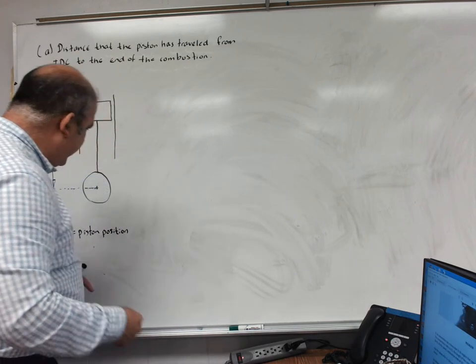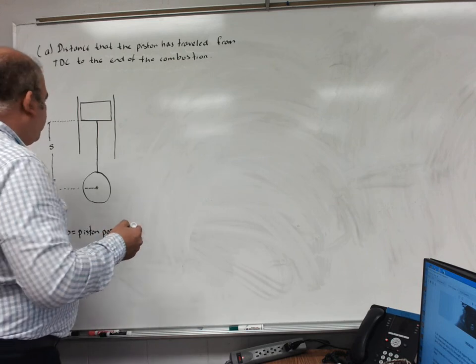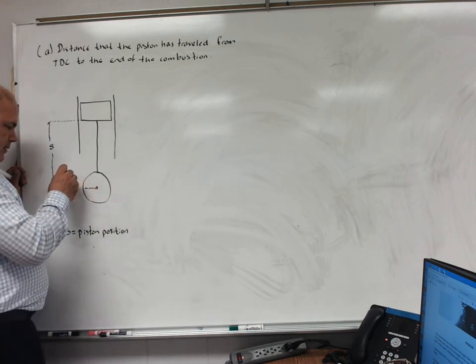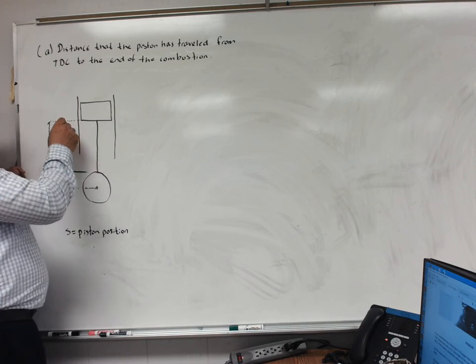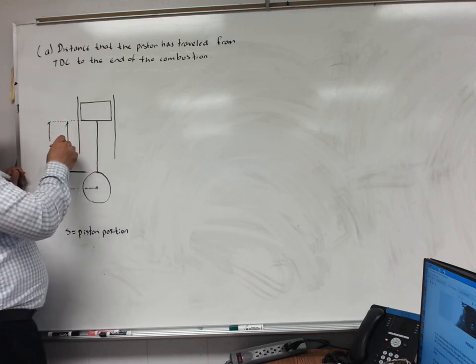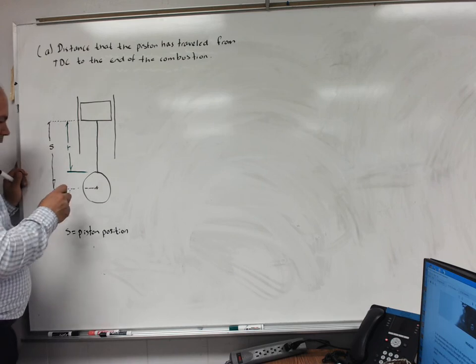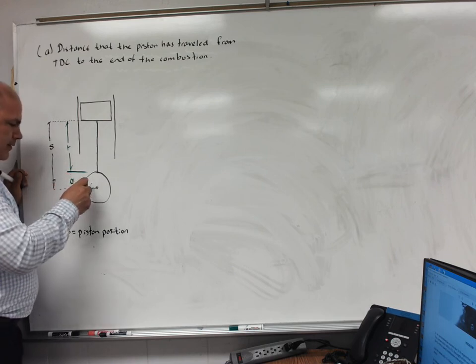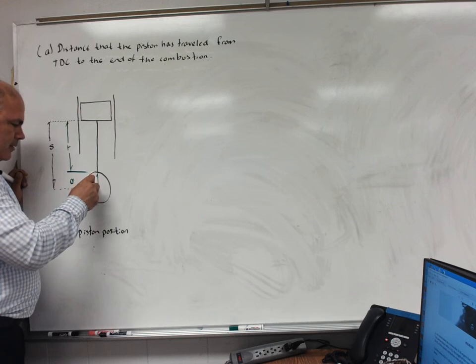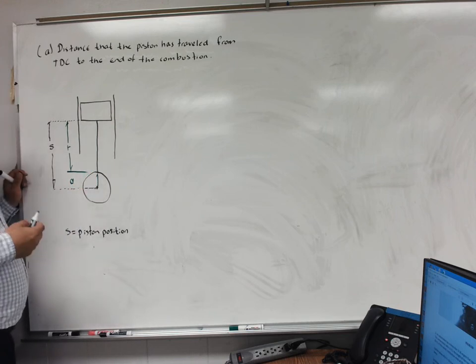So we have first this distance r, and then this distance which is the radius of the connecting rod, excuse me, of the crankshaft.